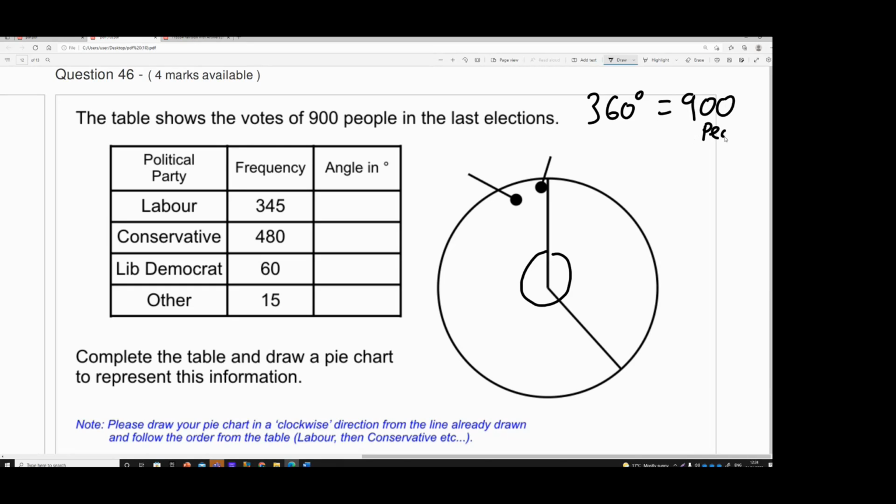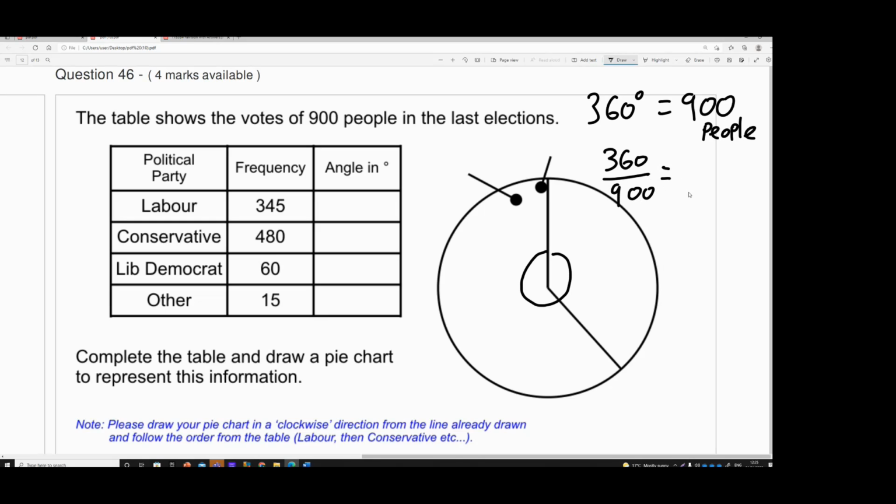900 people. So what I'd have to do is work out 360 divided by 900, and that would give me how many degrees one person is worth.